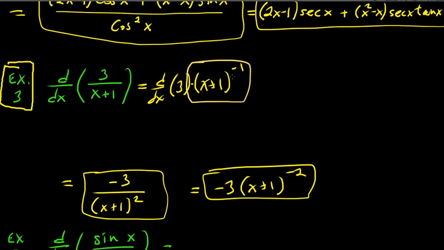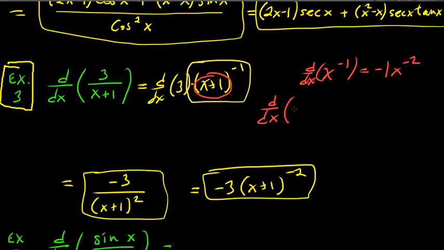Seems like just a power rule. The problem is that the x plus 1 inside the parentheses is not just an x. Right? You know how to take the derivative of x to the negative 1. Right? It's just negative 1 x to the negative 2. But do you know how to take the derivative of, let's say, 3x squared minus 5x to the negative 1?